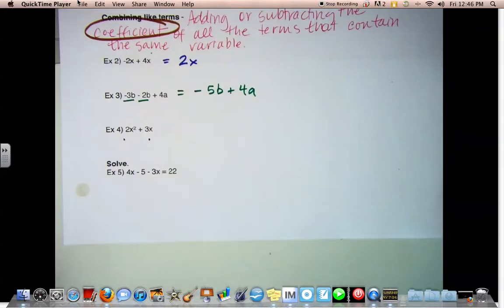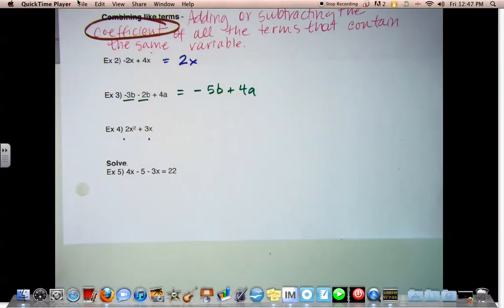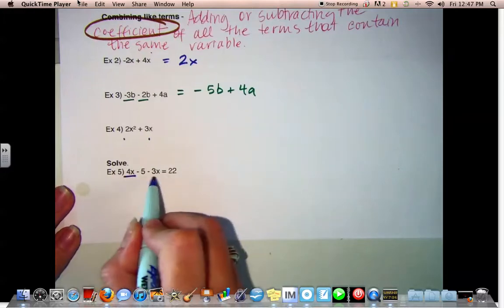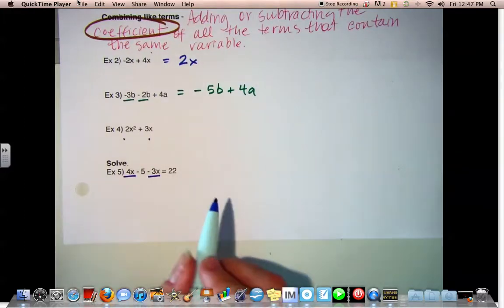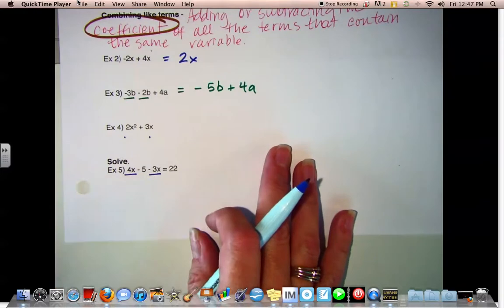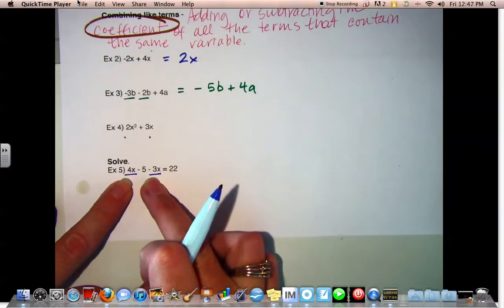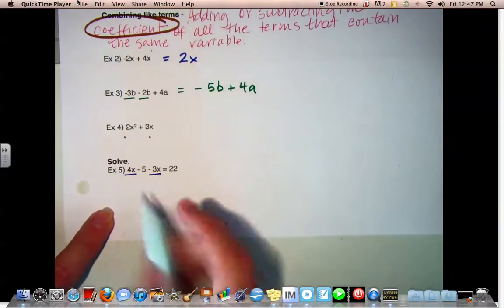All right, now we're going to solve. We're going to look for our like terms, put them together, and then solve the equation. So on the left-hand side, we have 4x minus 5 minus 3x. Do we have like terms? Yes, 4x and 3x. Now, you need to pay attention to the fact that there's a minus sign in front of the 3x. Any sign that's to the left of a number stays with that number. So we have 4x minus 3x, which gives us just 1x.